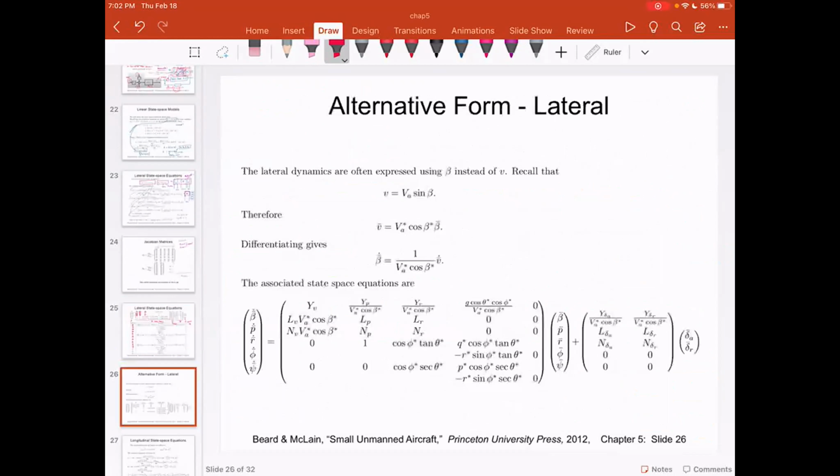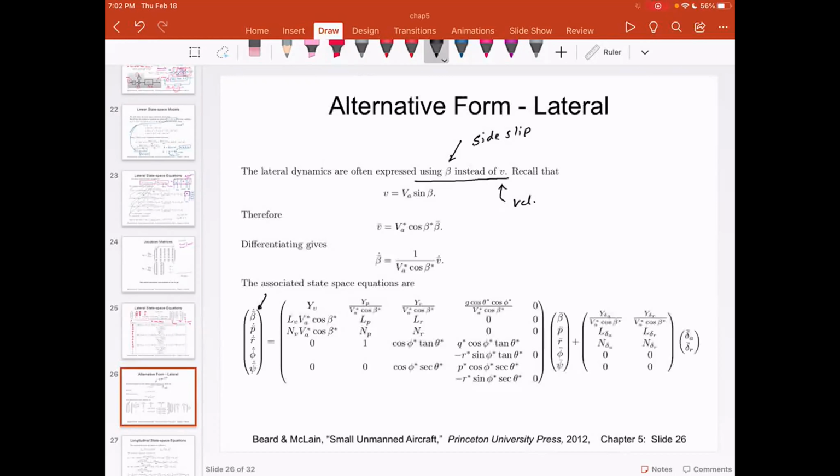Then what we do is, here is slightly a different form of the lateral equation. And the lateral dynamics, if you are going to use the side slip angle instead of velocity, you can rewrite those equations for dynamics in terms of side slip angular variation.